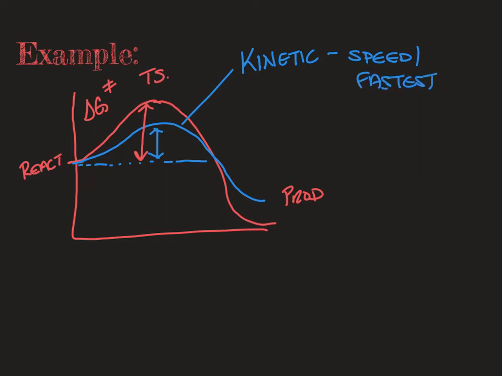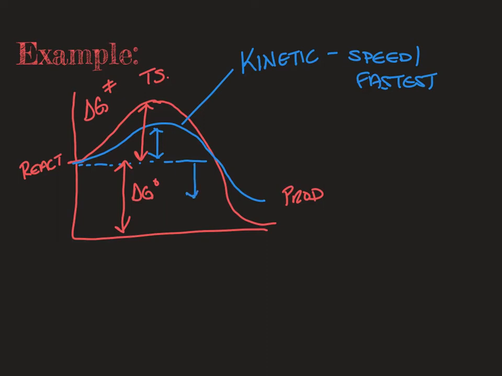If we look at the other pathway, it does have a higher activation energy, but we see that the product is more stable. So that means that our delta G of reaction for the red, make sure to make this red here, the red option is bigger, so delta G naught, than it is for the blue reaction.